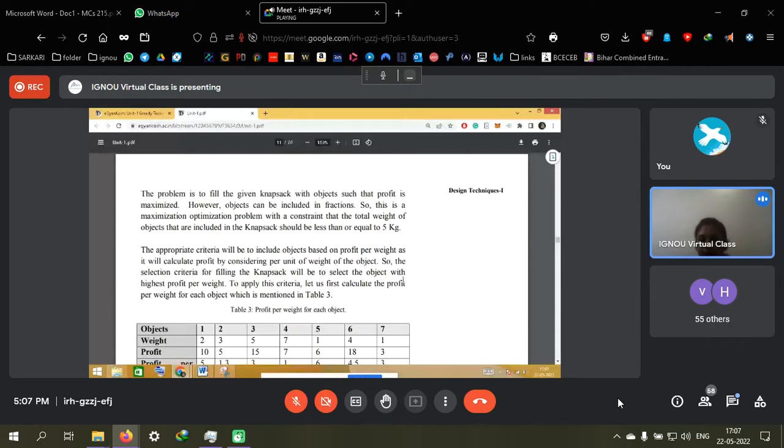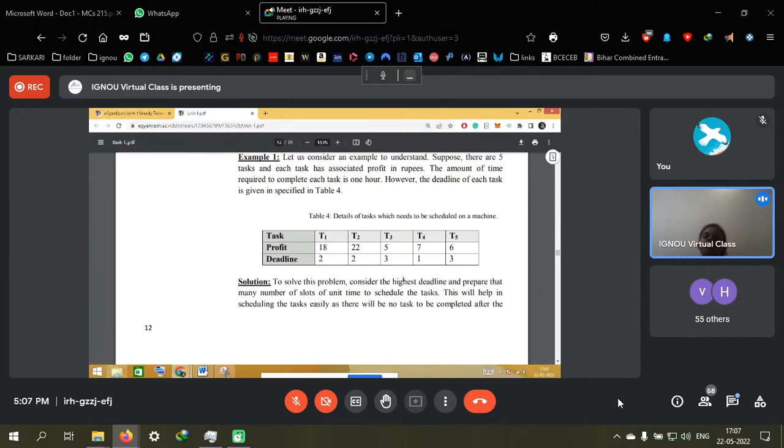Let us consider an example to understand. Suppose there are 5 tasks and each task has an associated profit in rupees. You have the tasks here with profits and deadlines.